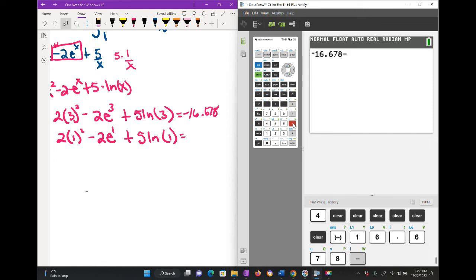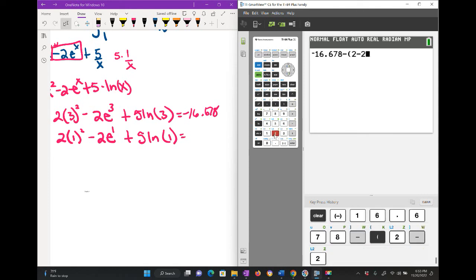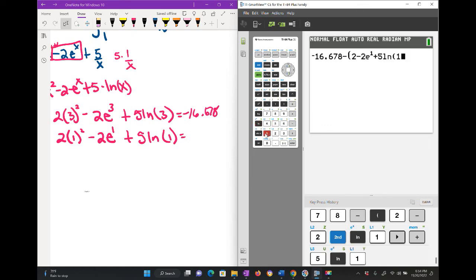Okay, fine. We'll just tough it out. Do it this way: 2 minus 2 second e to the 1 power plus 5 natural log 1. Nice. So I'm just having to write it back in because I made a mistake. So notice you get negative 13.24, and that is correct.